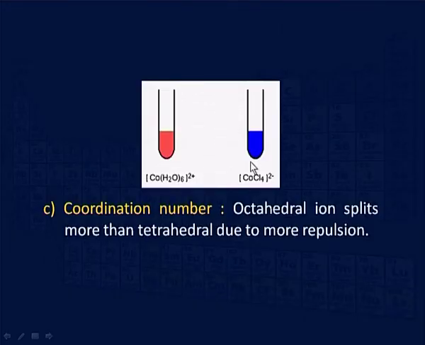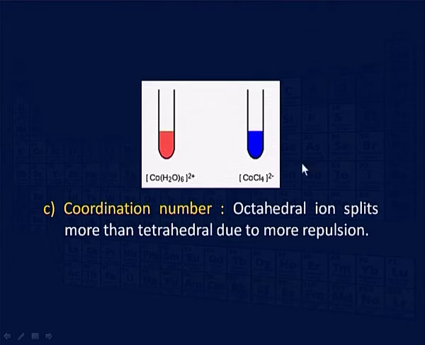The third factor, of course, is the coordination number. As I told you, the geometry around the metal ion is also a very important factor in deciding the color of the solution. Here we have 2 cobalt complexes. In the first cobalt complex, we have 6 water molecules attached to it, forming an octahedral complex, while in the second case we have a tetrahedral cobalt complex having only 4 chloro ligands.